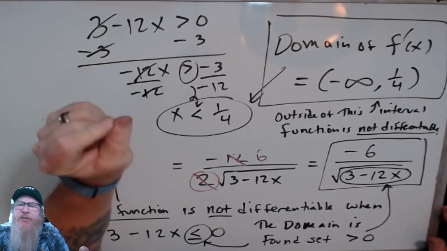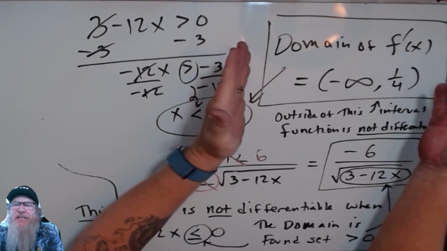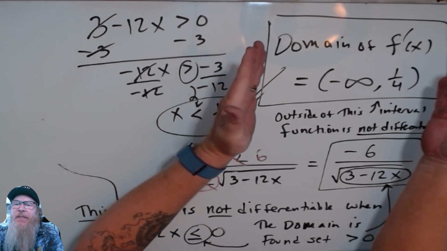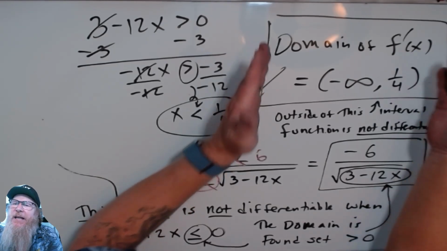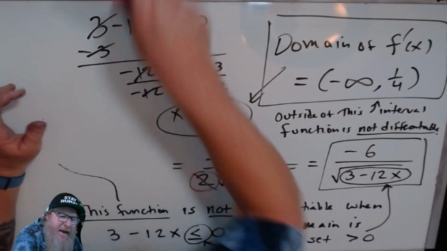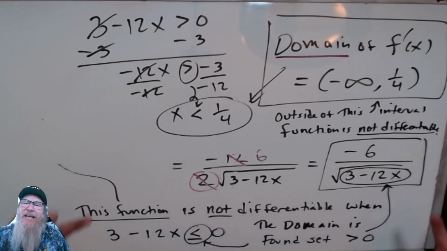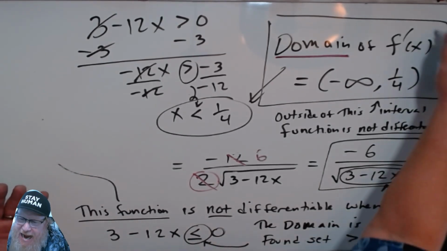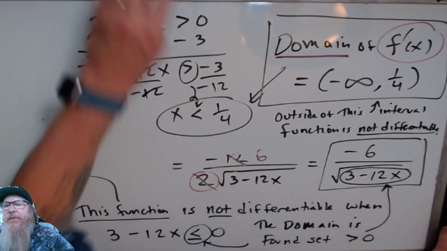Now I've ended this lesson by saying where it is differentiable. So the domain is the set on which you can differentiate. You can find the derivative in this interval.